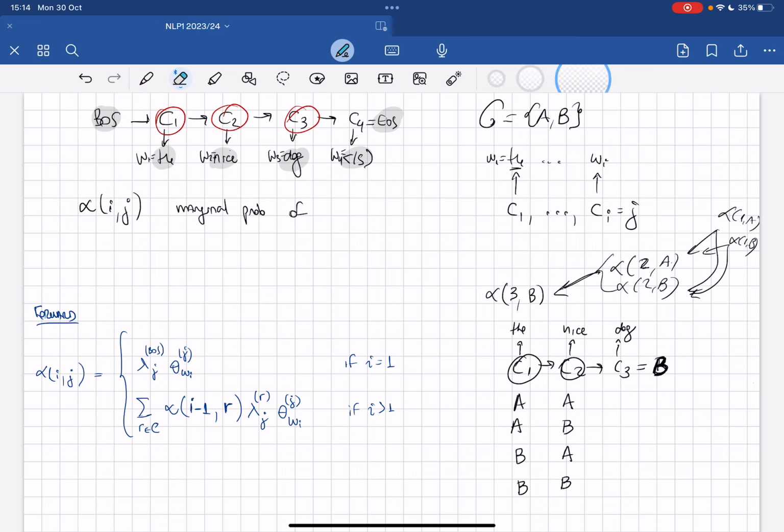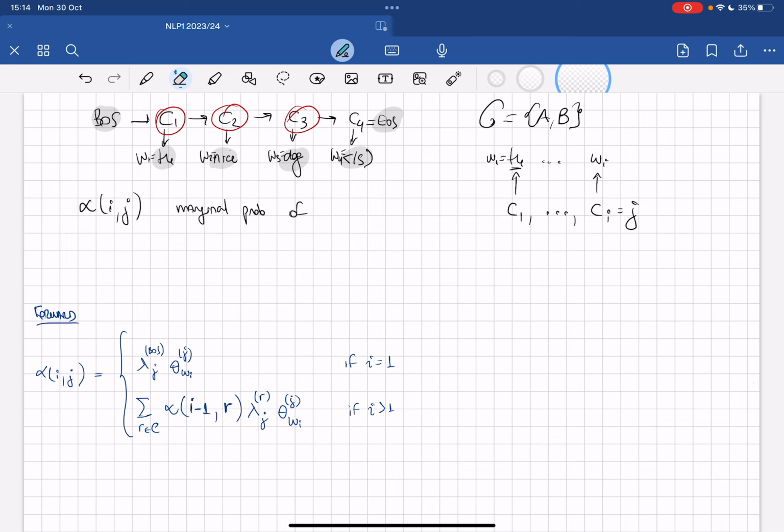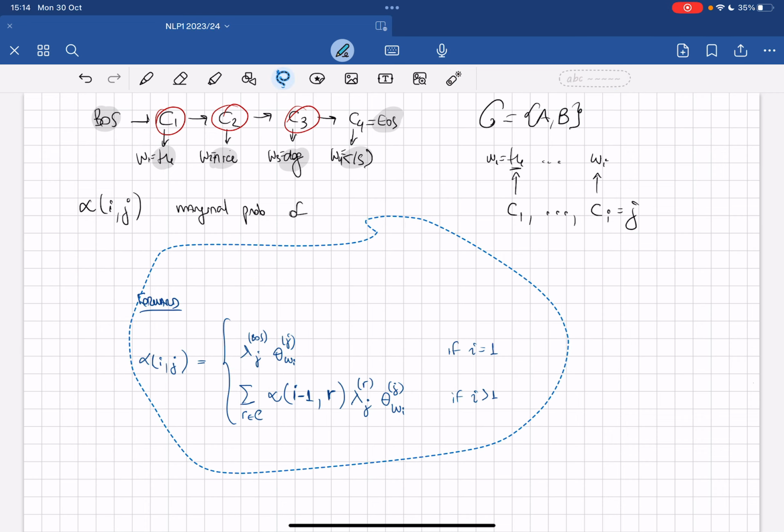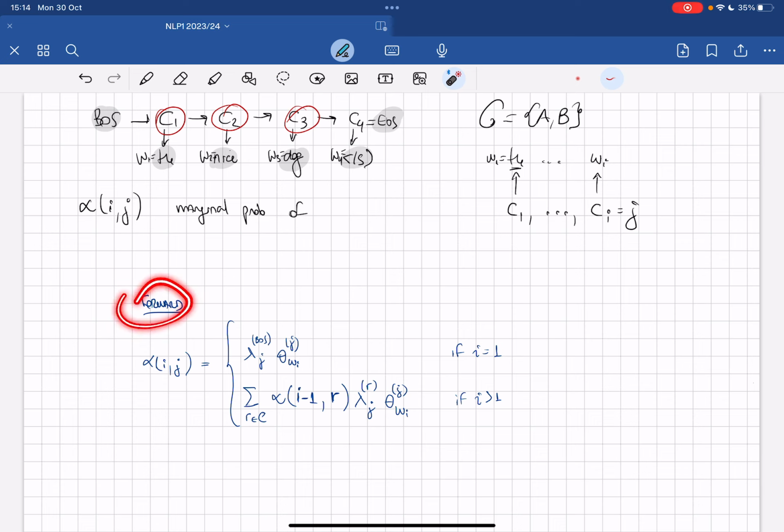I'm not going to prove these results to you. I'm just going to state it, and it's here on the bottom left. I'll move it here, more central. The forward recursion boils down to this. Alpha ij, which, like I said, is the marginal probability of the assignment where we've generated the words all the way up until the ith, including it, the ith word being tagged with the jth tag in the tag set, and the sequence up until that variable having been marginalized out.